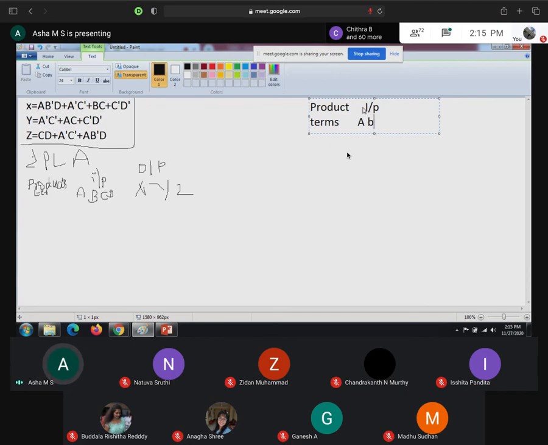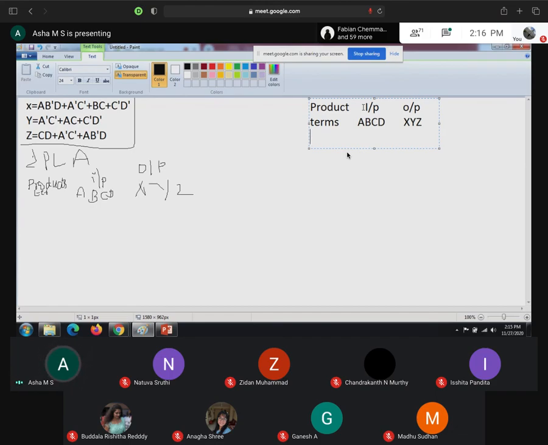We have A, B, C, D. Similarly, I have outputs. What are the outputs? X, Y, Z. So this is called a PLA table. First we need to write the PLA table.